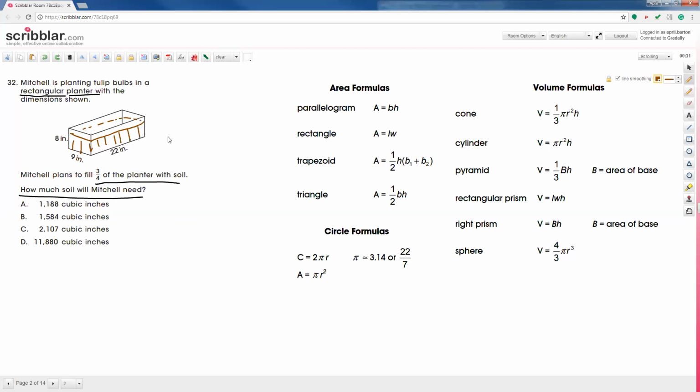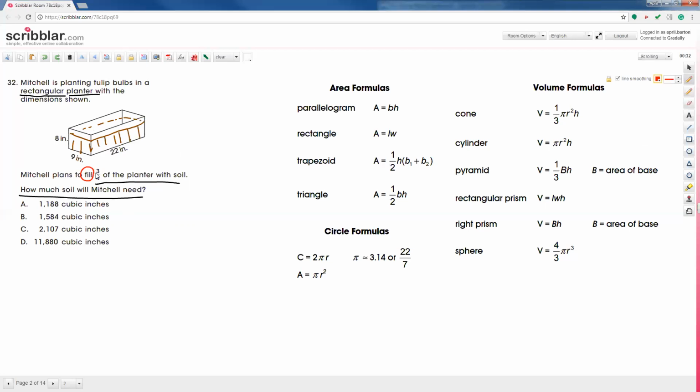So it did not say the word area or volume. That didn't give us that basic keyword, but it did say he plans to fill the planter. We're putting stuff inside the shape. Area is either flat or it's the outside of the shape.